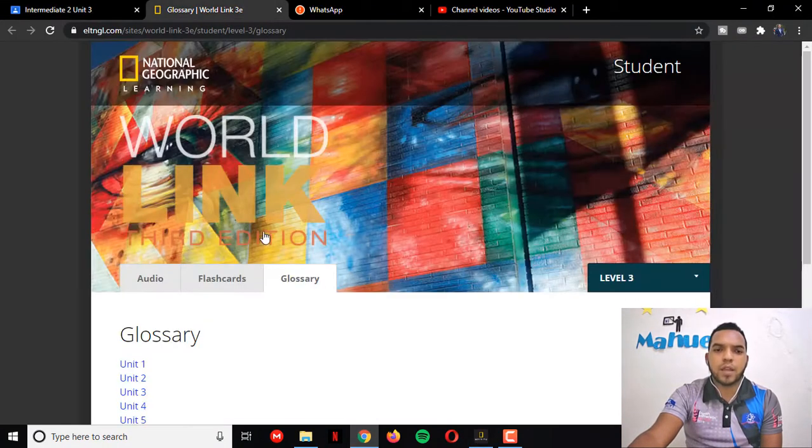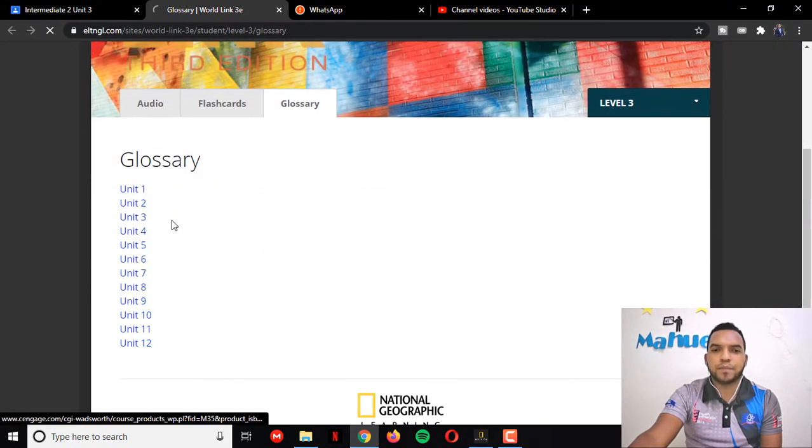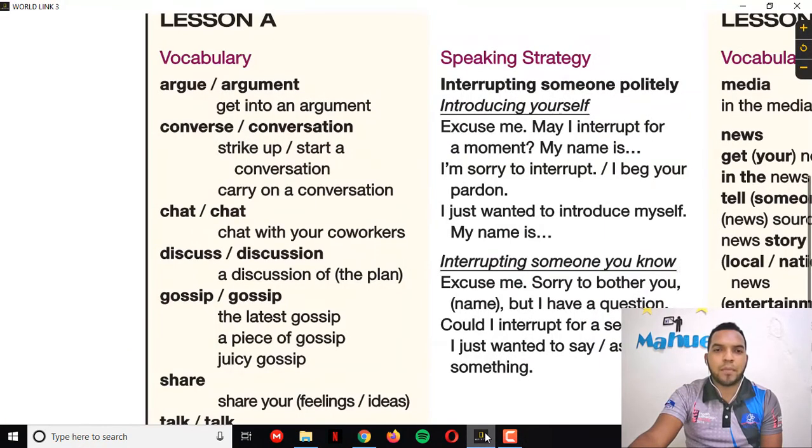As you can see over here in the glossary, they explain this in pretty good detail, right? When you are angry, maybe when you were kids, you used to discuss or argue with your little sister or little brother, so you get into an argument with them.